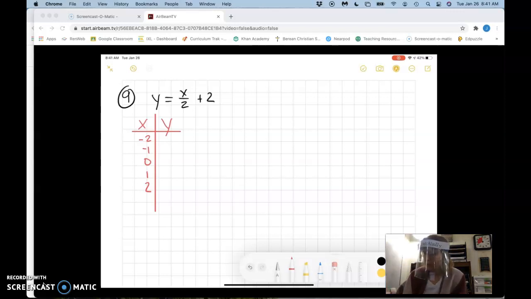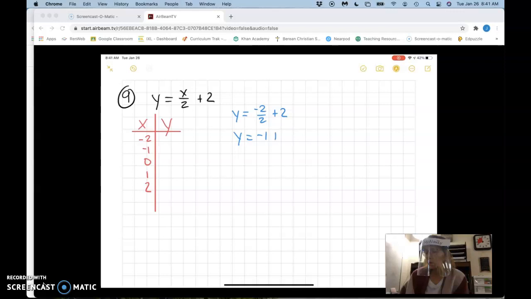So let's plug in these numbers. I get Y equals -2 over 2 plus 2. Y equals -1 plus 2. Y equals 1. Now I'm going to have a fraction, which is kind of annoying, but it's not the end of the world.